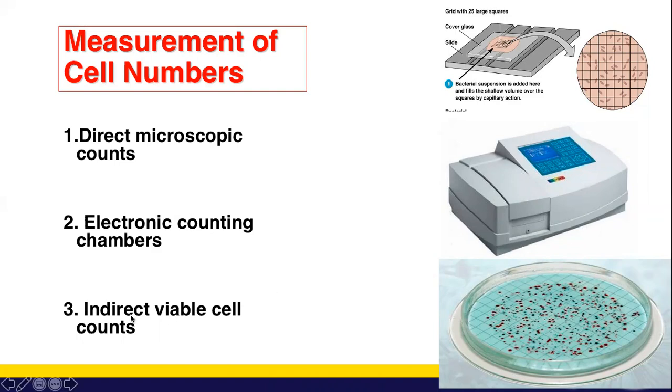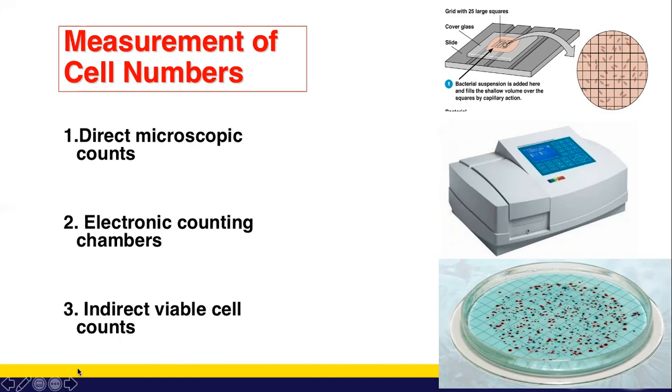Okay, and then, of course, we have indirect viable cell counts, which are also known as plate counts. So it involves plating out or spreading out of a sample of a culture on a nutrient agar surface. Okay, and then the sample or cell suspension can be diluted in water or saline before plating.